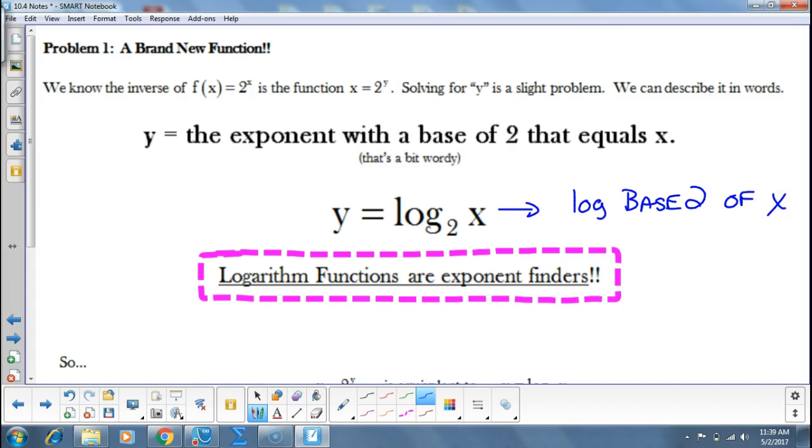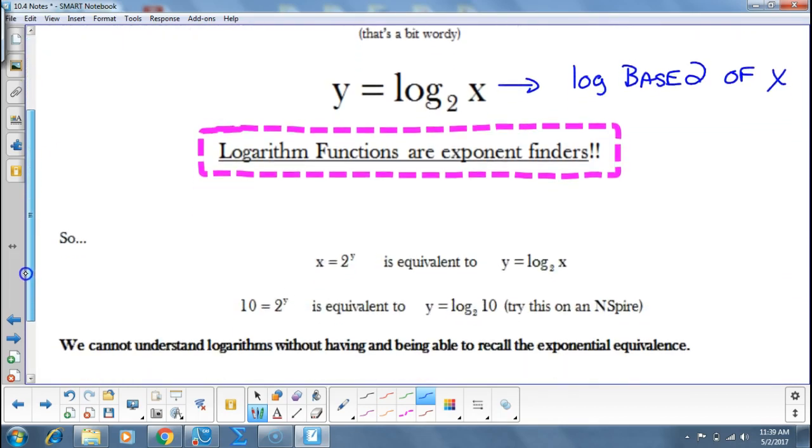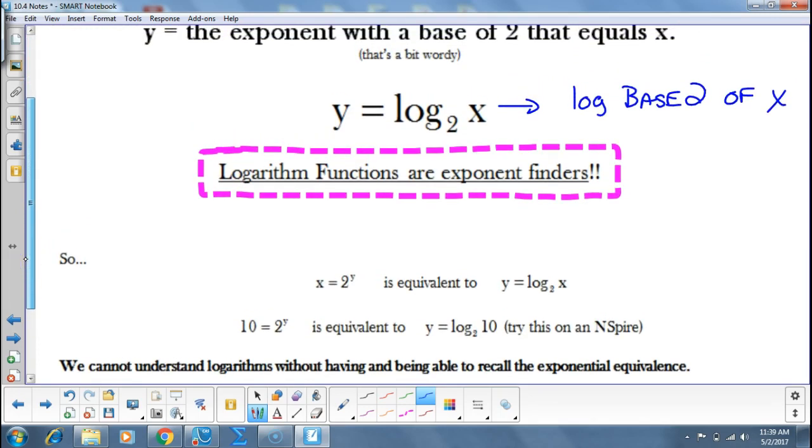Log base 2 of x is how you read that. A little bit later on, we could write it down here. This one right here is log base 2 of 10, which is how we would solve that 2 to the x equals 10 problem.